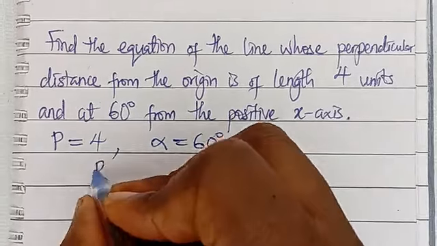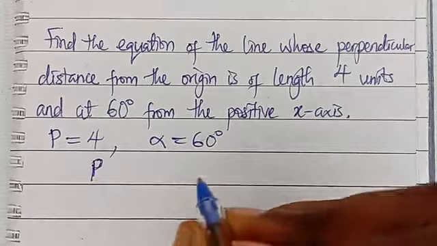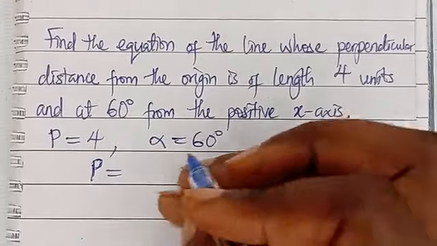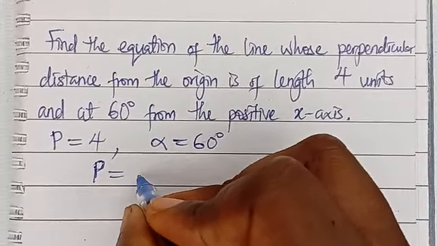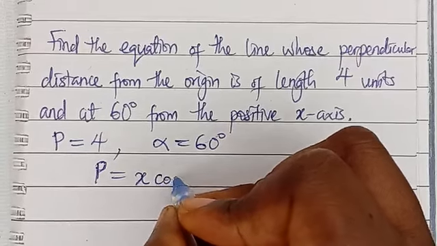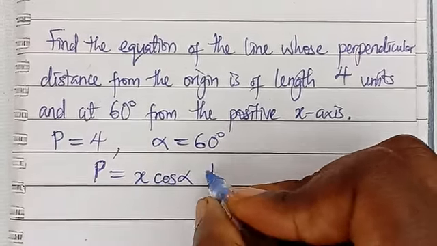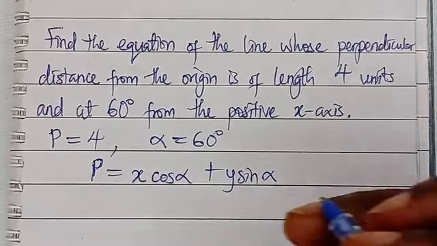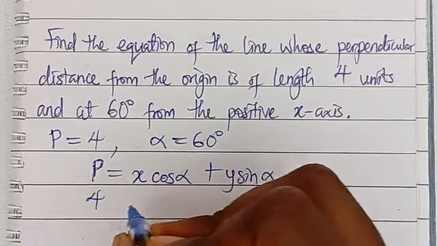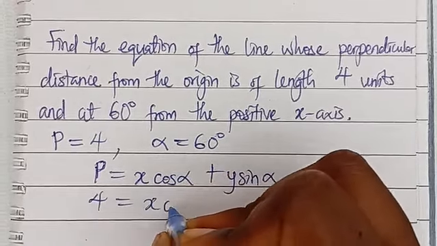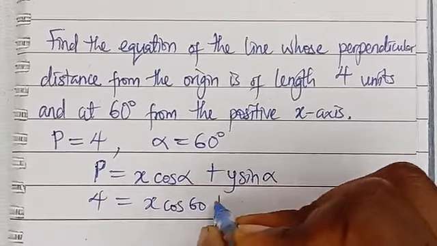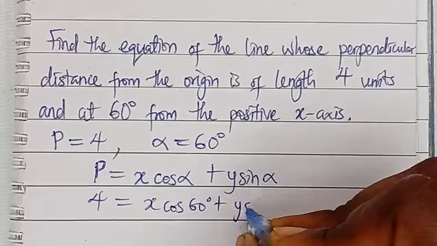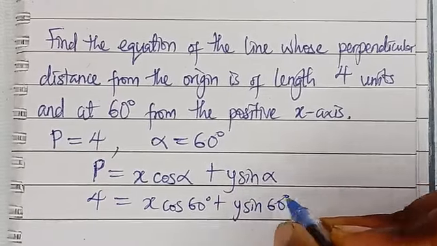So we have that the form of the line when we are given perpendicular distance and angle of that line is x cos alpha plus y sin alpha. Okay, so we have to substitute x cos 60 plus y sin 60 degrees.